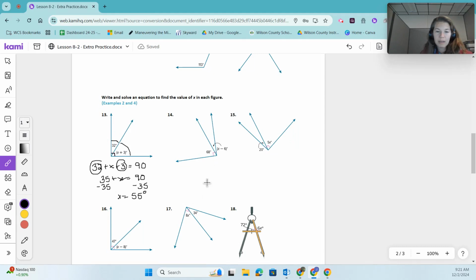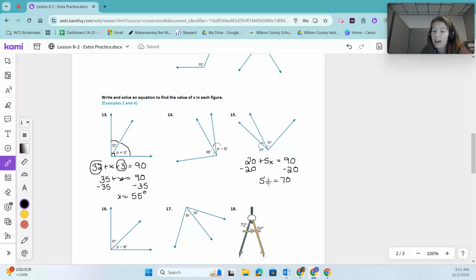And then I can do the same thing again right here. Again, I have this little notation here, which indicates to me that it's 90 degrees. So 20 plus 5x equals 90. Subtract 20 from both sides, because there are no like terms to combine on this one. 5x equals 70.